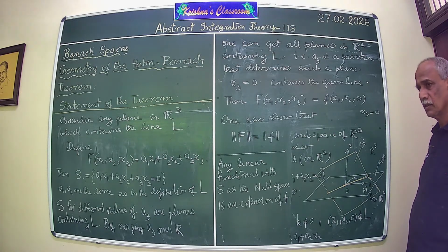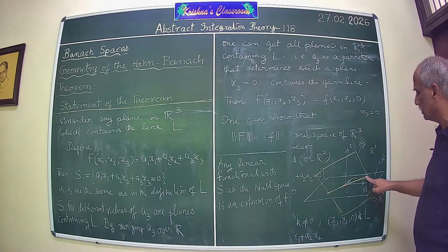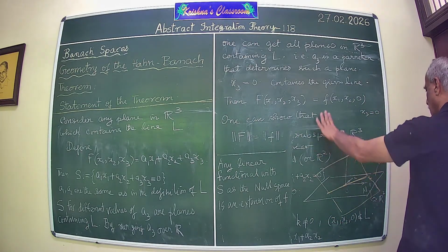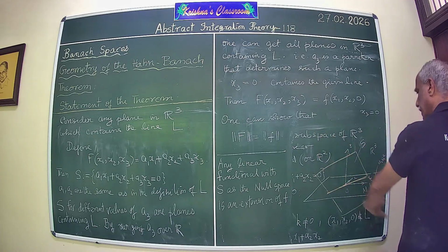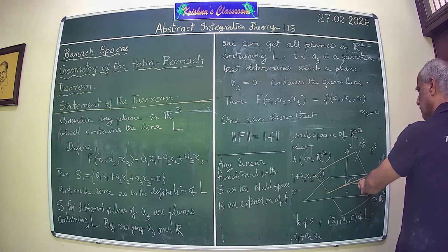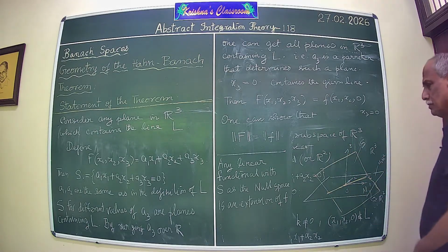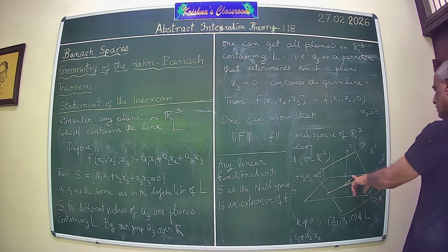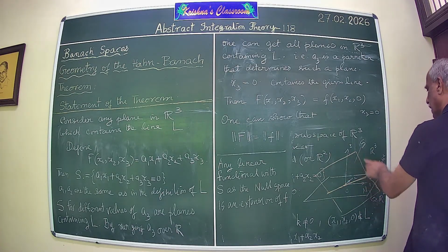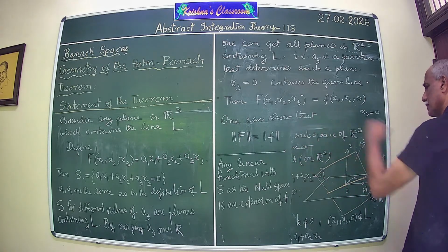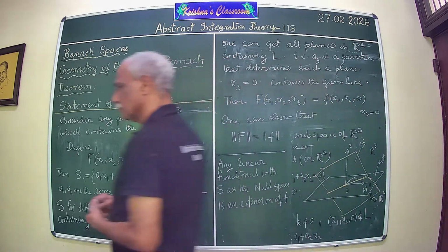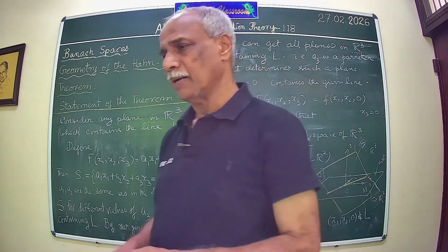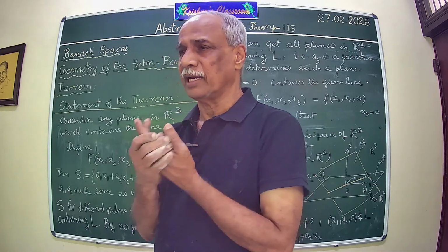So what you do is you take this line, extend this to a proper subspace of R3, which is a plane which contains this, and you know that it's a subspace of R3. Now define a linear functional with this as the null space, and that will be essentially the extension of the linear function small f, and that is the content of the Hahn-Banach. That is the geometric content of the Hahn-Banach.